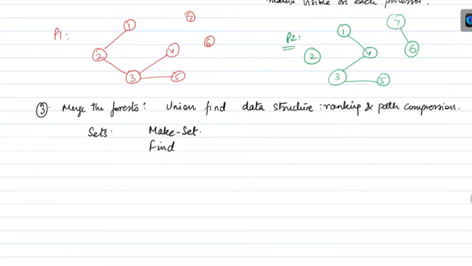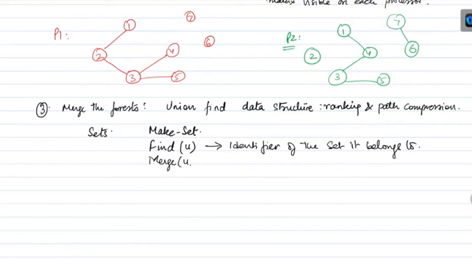What does find do? If you say find a vertex u, it's going to return you some identifier of the set it belongs to. And if you do a merge operation, you give two vertices and these come from different sets.